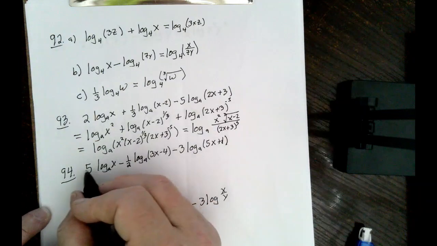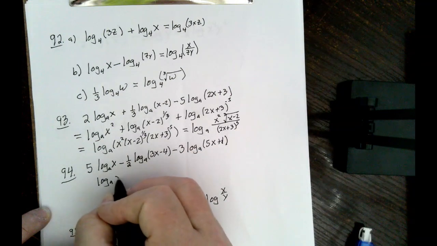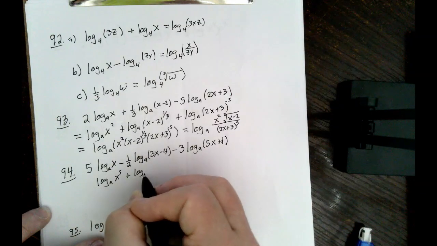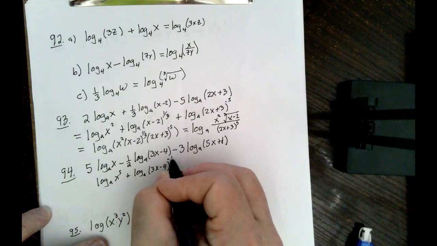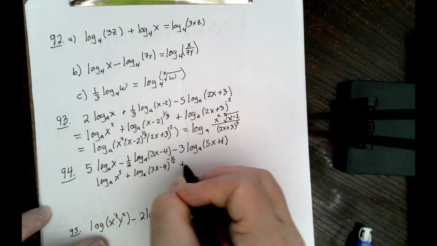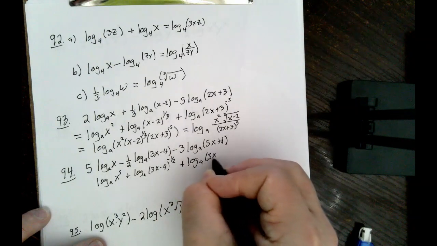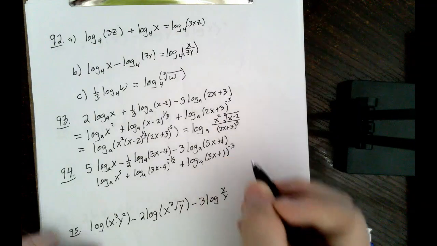Okay, now with each one of these you bring the number into the exponent. So you get log base a of x to the 5th plus log base a of 3x minus 4 to the negative 1/2, and log base a of 5x plus 1 to the negative 3.